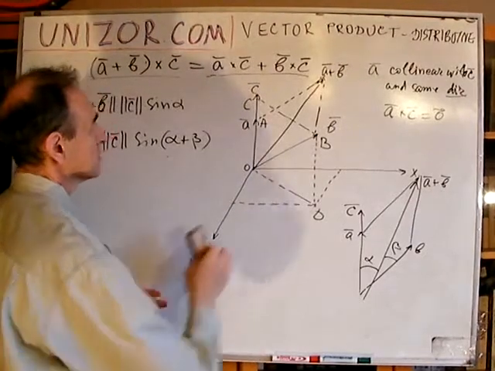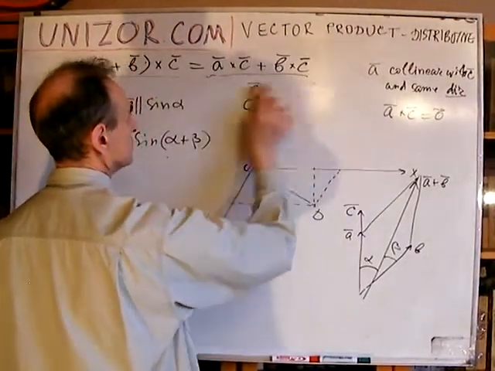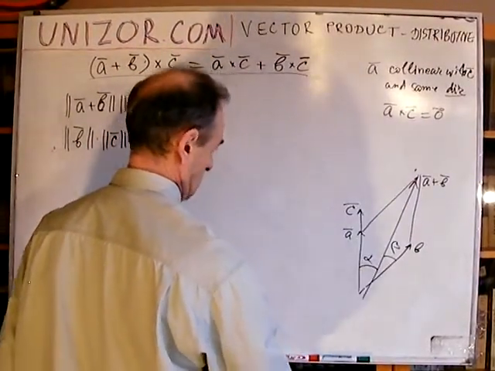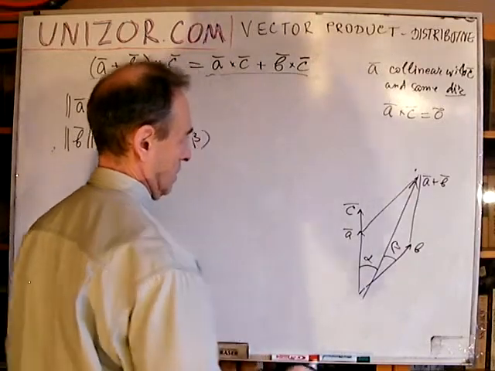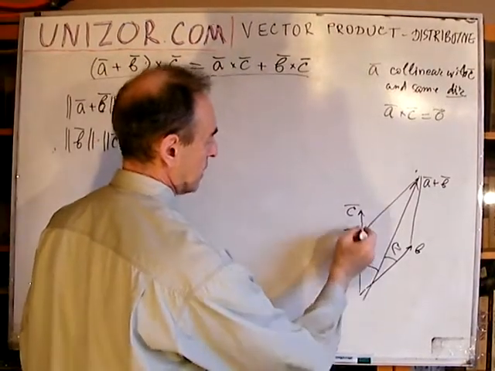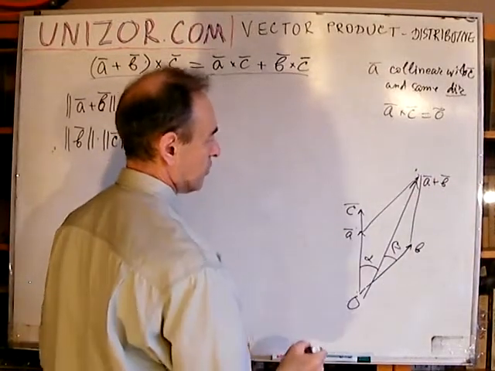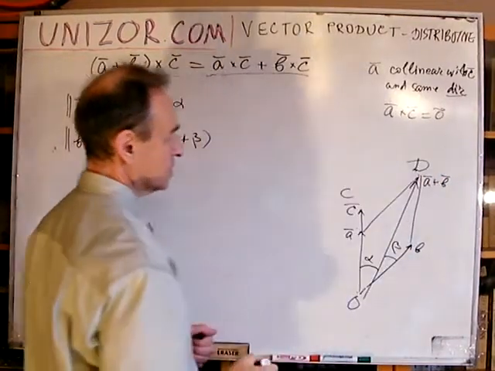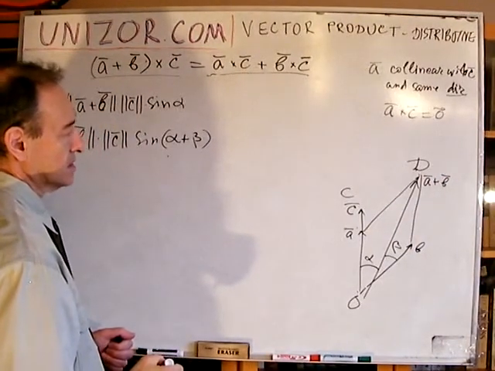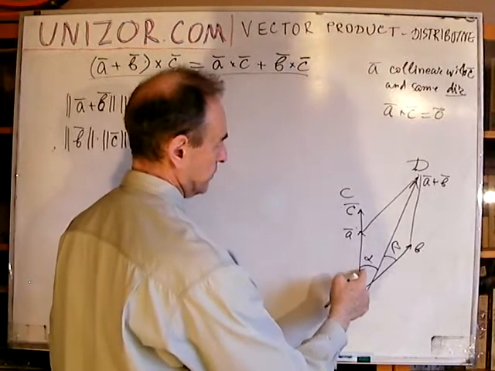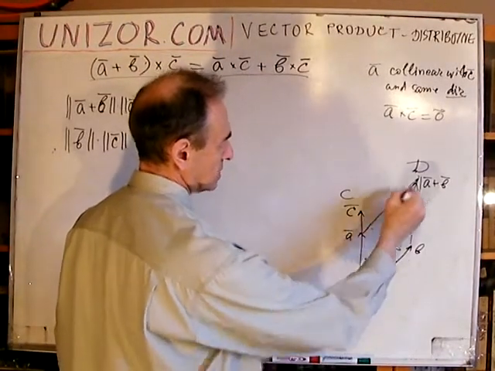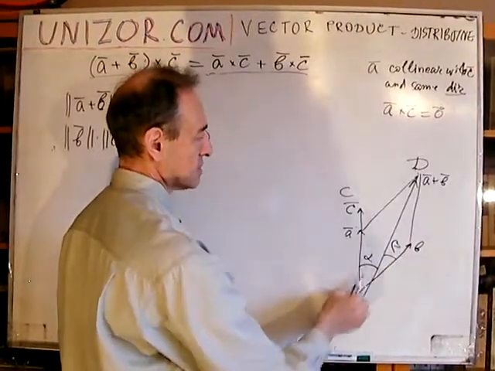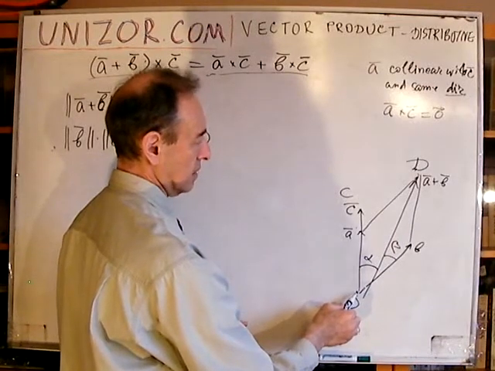Well, let's do it this way. Let's consider this triangle. This is our point O, this is C, and this is, I don't remember what it is, but let's call it D. Triangle OCD. This is alpha, this is beta. Now this is a parallelogram because we are adding two vectors together, and the rule of the parallelogram is that their sum is the diagonal.